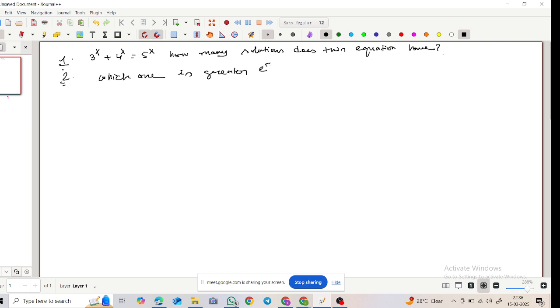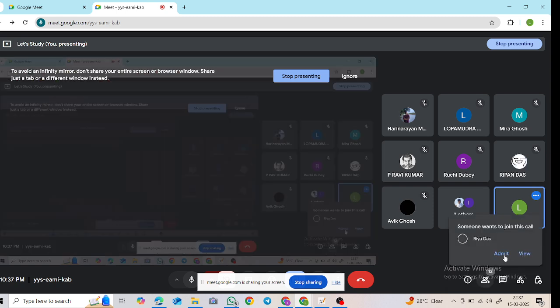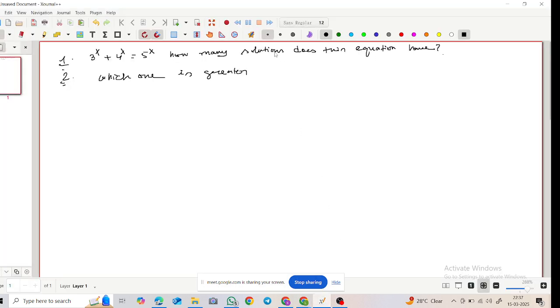e to the power pi. So this is a problem which I was given at the first class when I went to the other faculty of our institute.